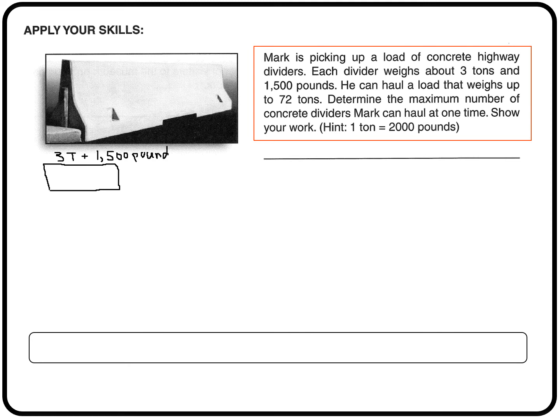So for example, when you were born, you might have been 7 pounds, 3 ounces. Okay, so this is 3 tons and 1,500 pounds. He can haul a load that weighs up to 72 tons. So here's his truck. Draw a little truck.